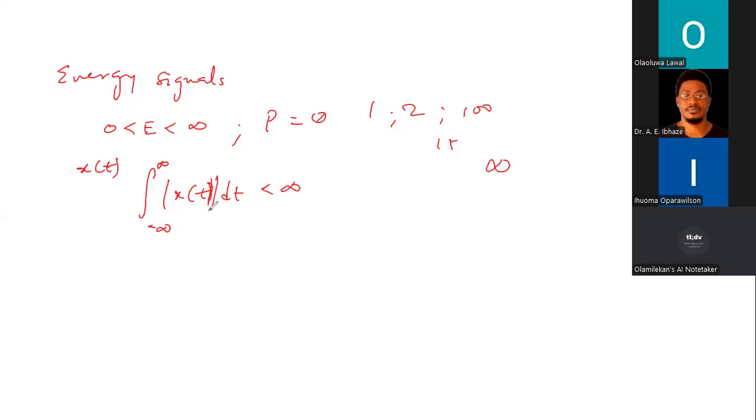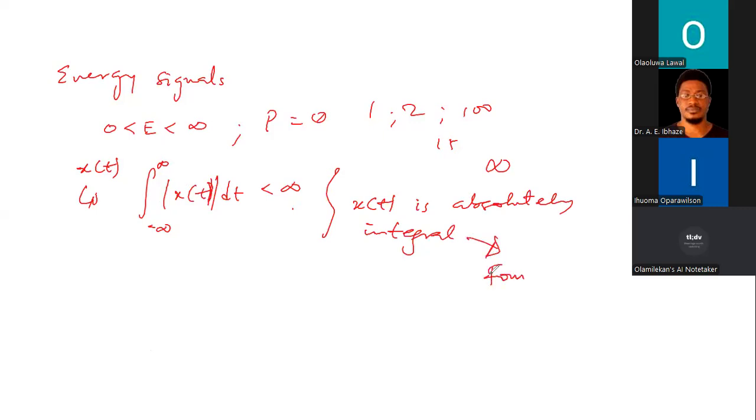Once you do that and it's a finite value, then it will have a Fourier transform. So S of t must be absolutely integrable, for the integral of the modulus value to be finite. And if it is absolutely integrable, then energy signals must have a Fourier transform. So it means that not all signals can have a Fourier transform.